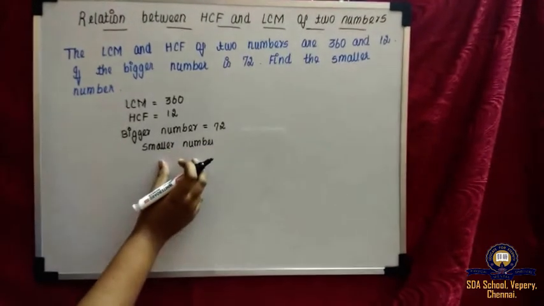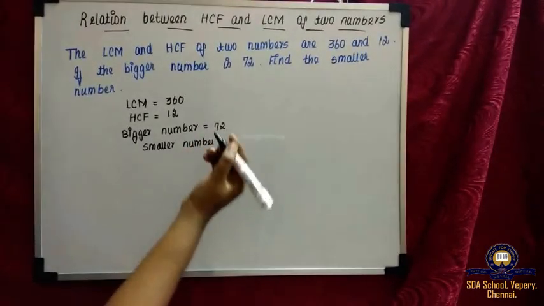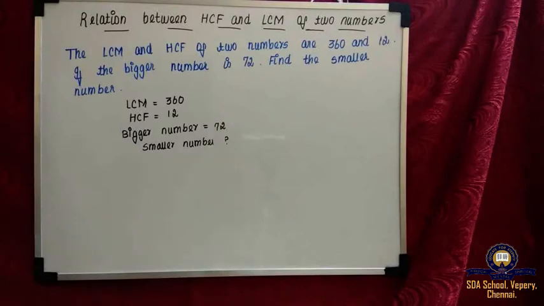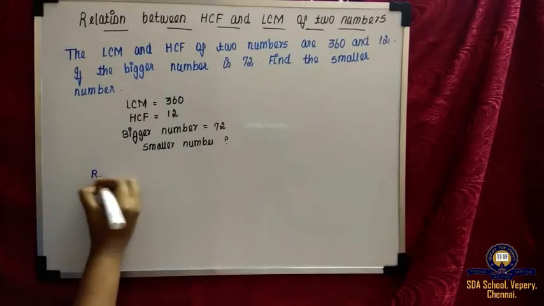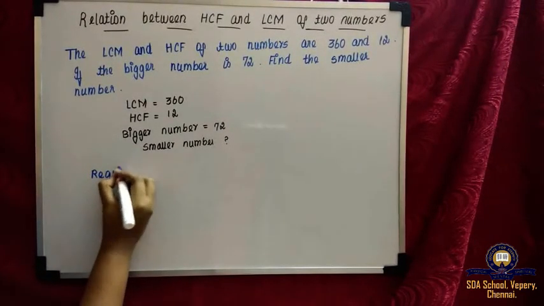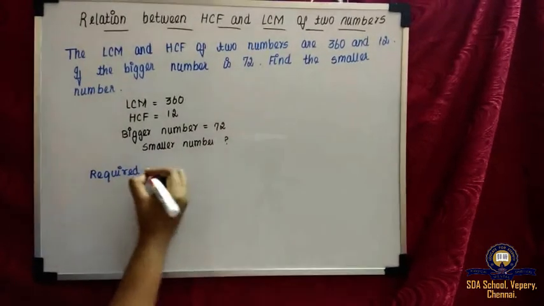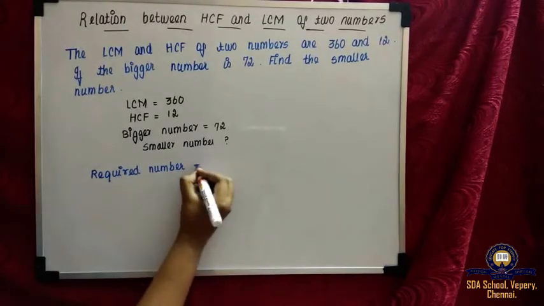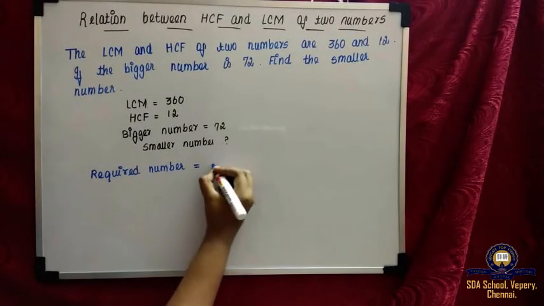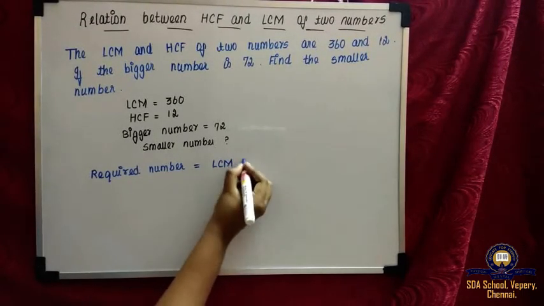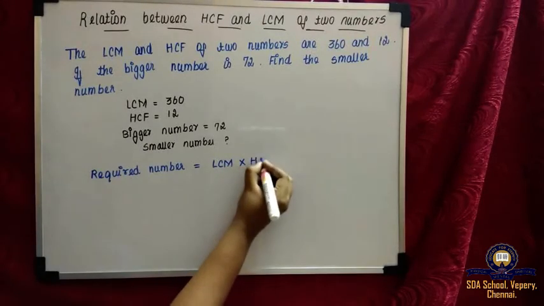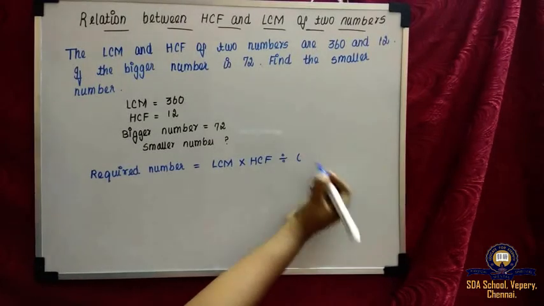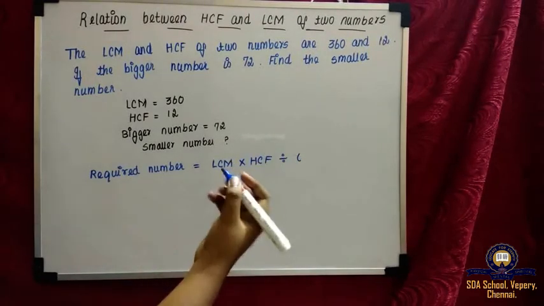Let us take the smaller number as the required number. Okay, we have to find this. So we know required number is equal to LCM into HCF divided by the given number.